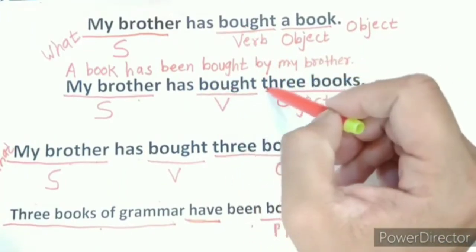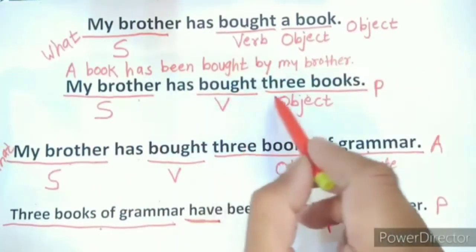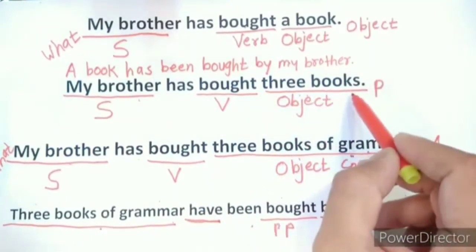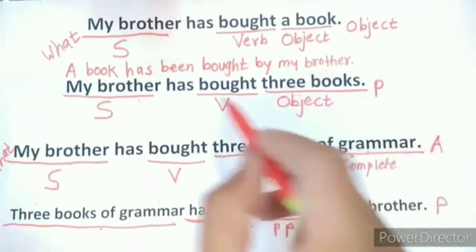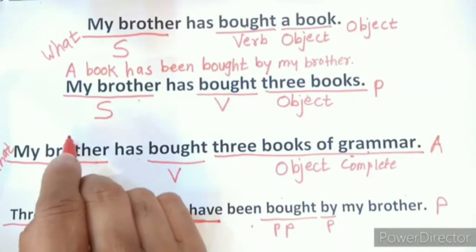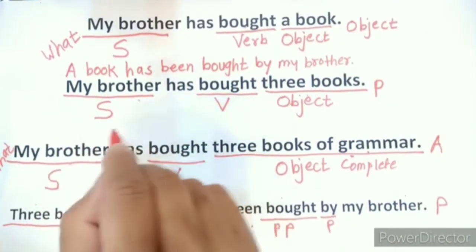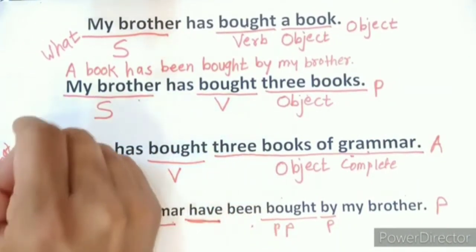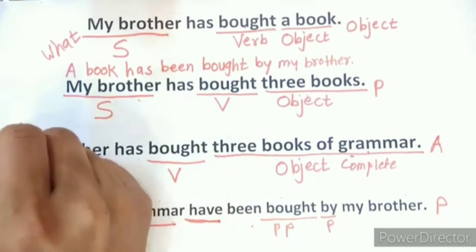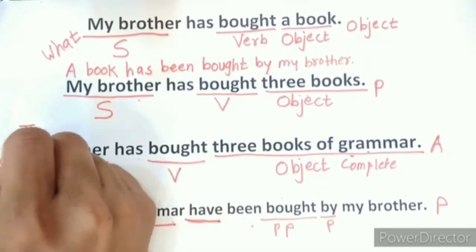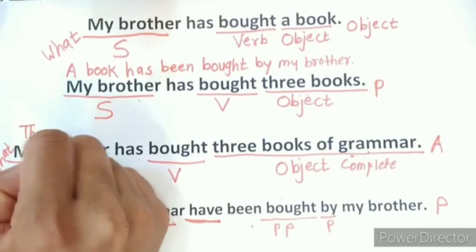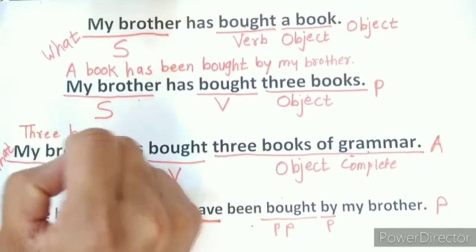Let us come to the second sentence. My brother has bought 3 books. So we are going to convert this active sentence into passive sentence. The passive sentence begins with the object, and what is the object from the active sentence? 3 books.